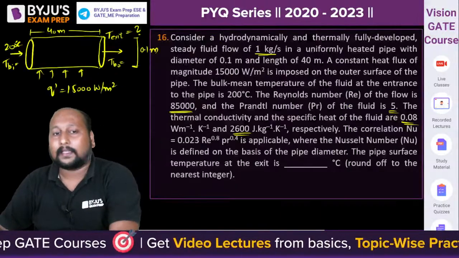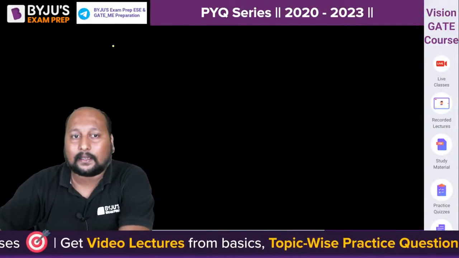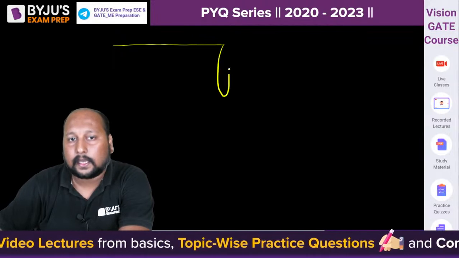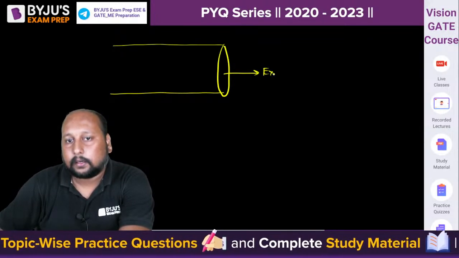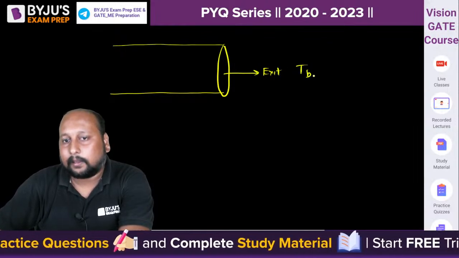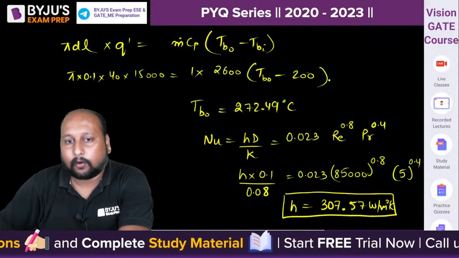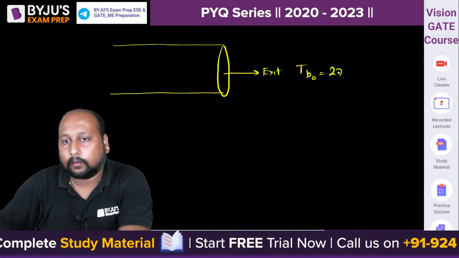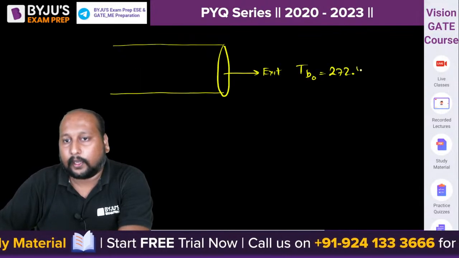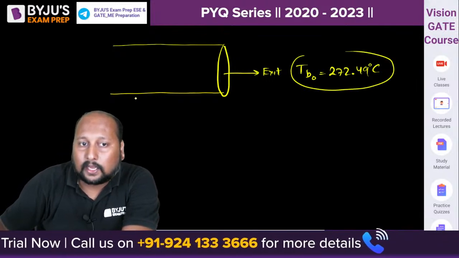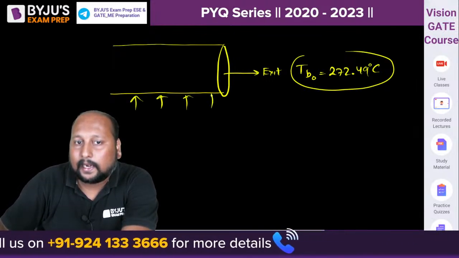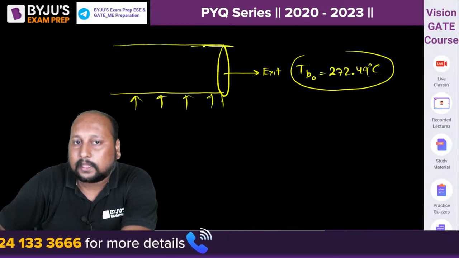Now I can apply the simple condition, because this is the exit, and the bulk mean temperature at the exit we have already calculated, that is equal to 272.49. Because the heat is being supplied at the wall, this surface will be heated up.